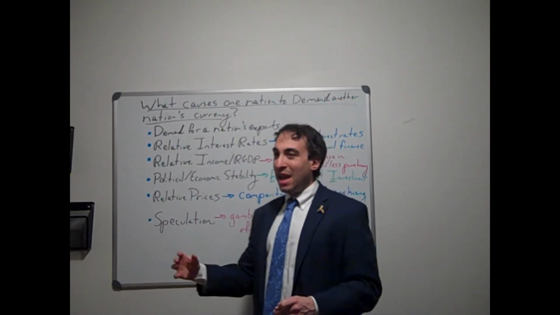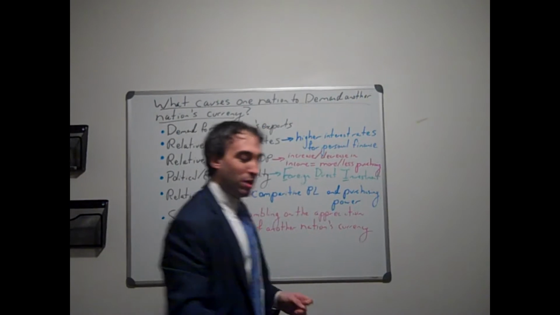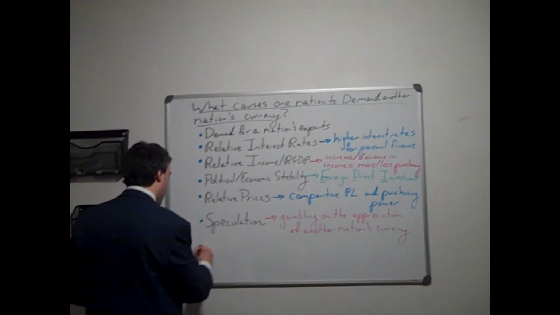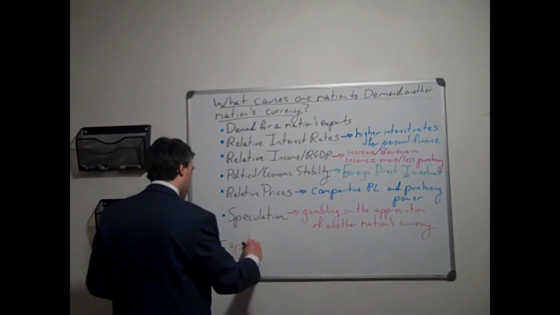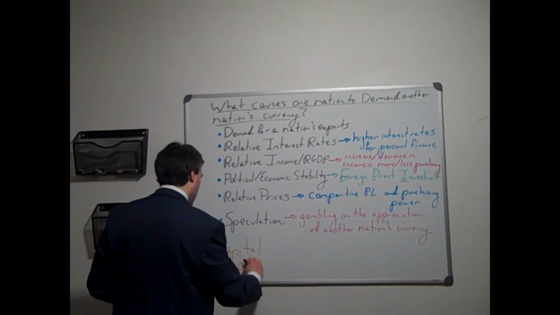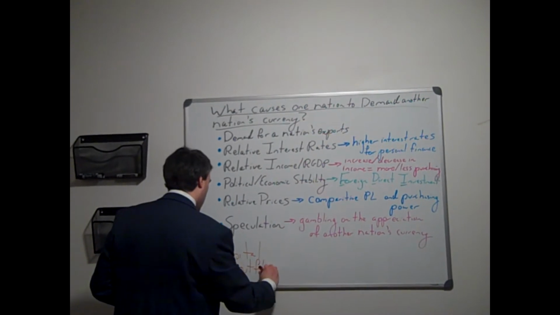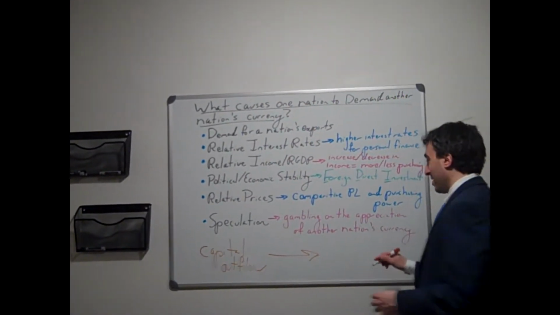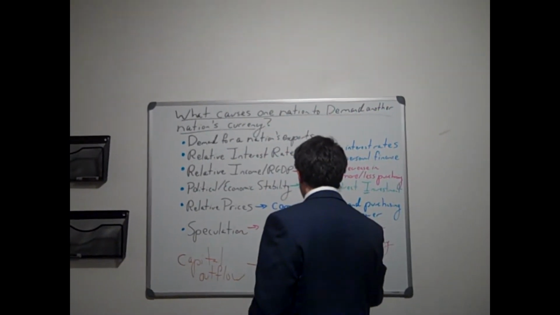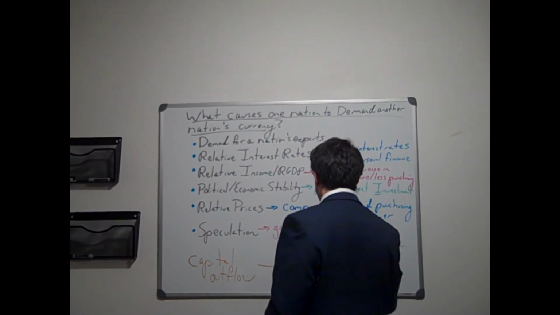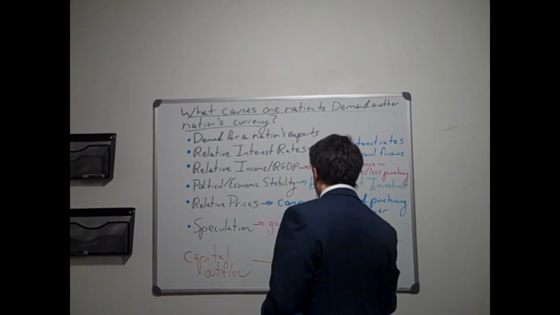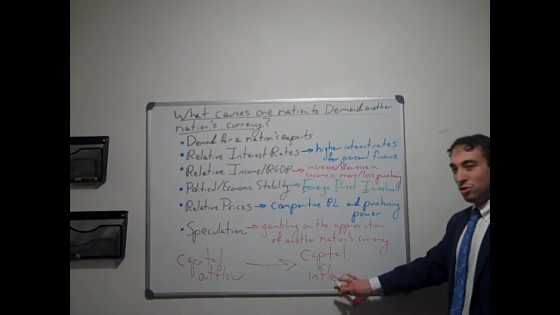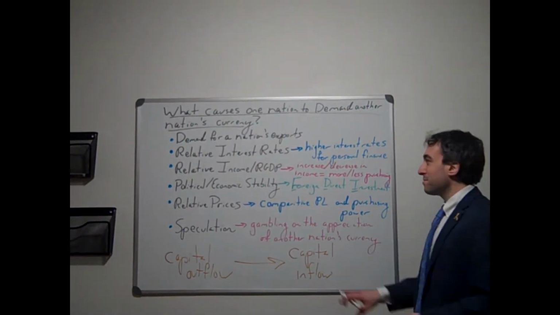So nation A would experience what is called capital outflow, and nation B would experience what is called capital inflow. Money is leaving one country and flowing into another country.